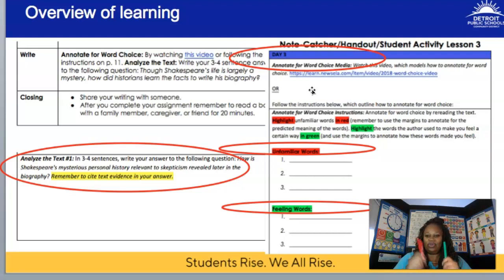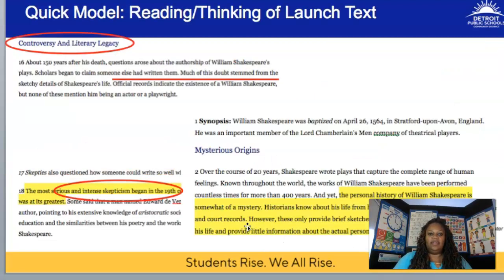You just use your green pen or highlighter to underline or mark any words that give you a sense of feeling, and use the red highlighter for any unfamiliar words that you don't know the meaning of. Let's try to single out at least 3 of the unfamiliar words and those that evoke a feeling.